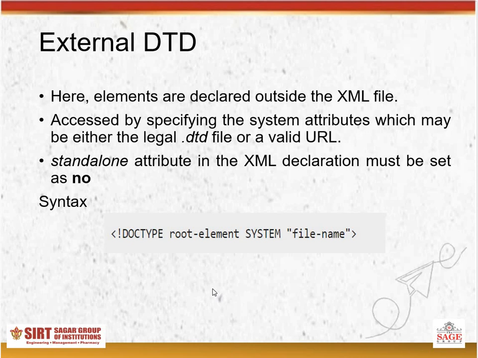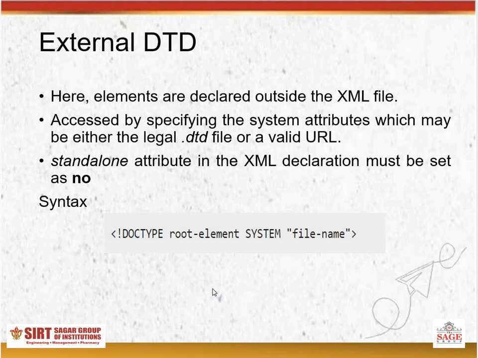Now we come to the external DTD. Here elements are declared outside the XML file. This external file can be a particular .dtd file on your system, or you can import a valid URL from an internet source. It is accessed by specifying the system attribute, which may be either the legal .dtd file or a valid URL.